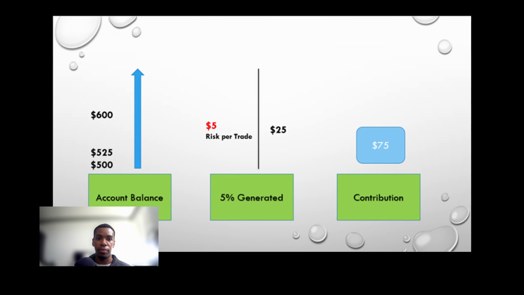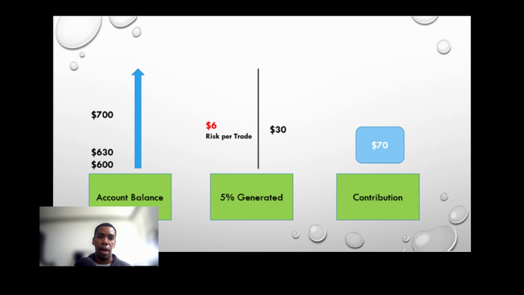And so at this point, an additional $75 can be added to the trading account balance to increase it to $600, right? And to increase the amount of money in your trading account, again, a trader needs to pass the second milestone, which is $630. Again, this will indicate that a return of 5% with a maximum risk of $6 per trade was generated.